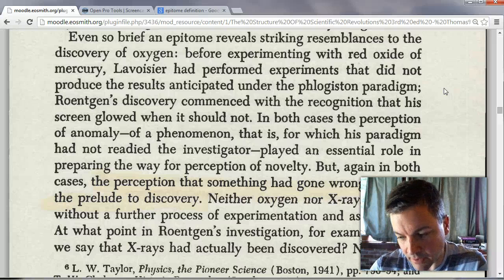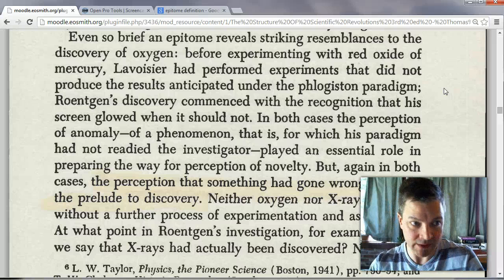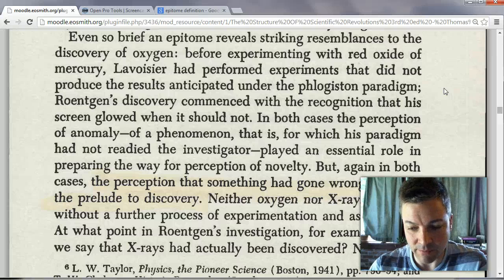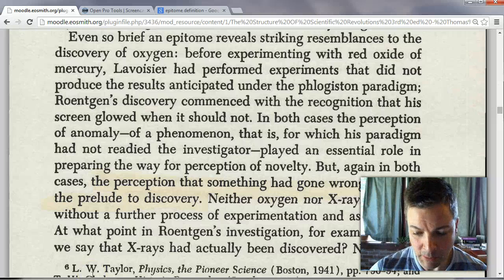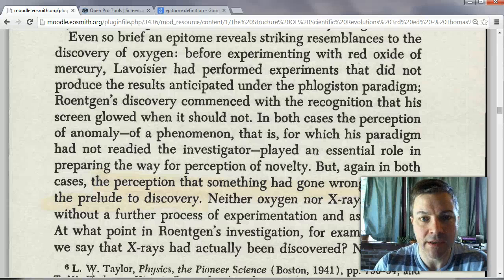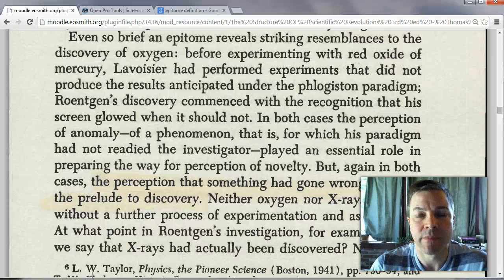See, before Lavoisier in the 1770s, phlogiston was the prominent theory of chemistry, and it was primarily a theory of combustion. Basically, according to the phlogiston theory, phlogiston is a sooty, greasy black substance that is released when things burn.